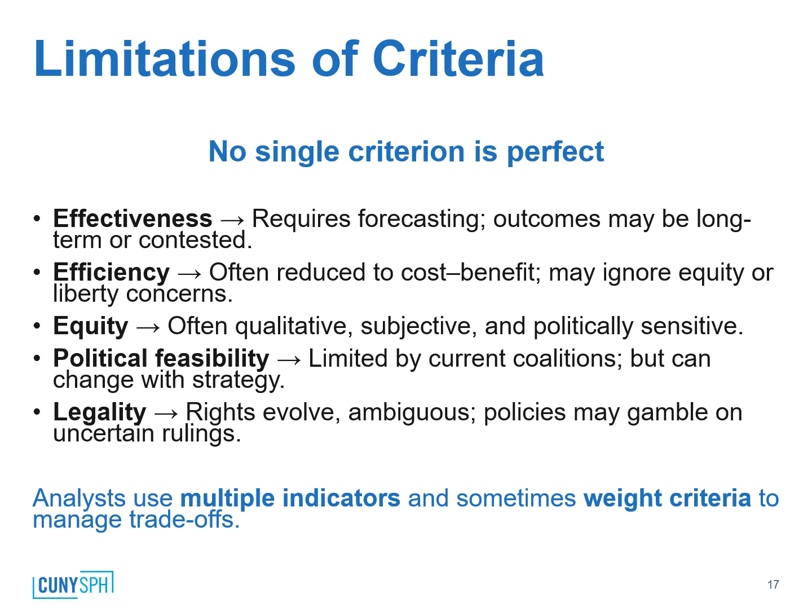Sometimes it's worth pushing policies even if their legality is uncertain, knowing that courts may eventually decide. Because no criterion is perfect, analysts often use multiple indicators and sometimes assign weights to each indicator, and the challenge is navigating these trade-offs transparently and in line with your client's priorities.